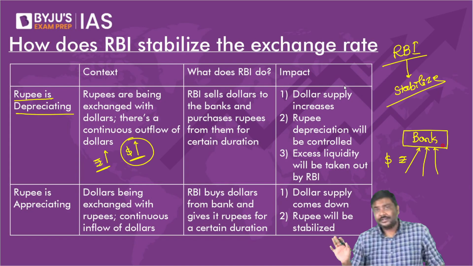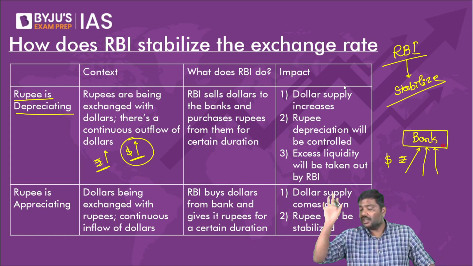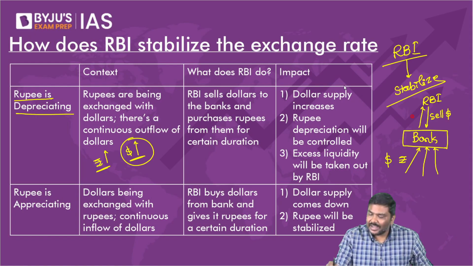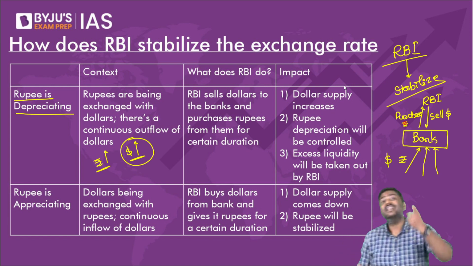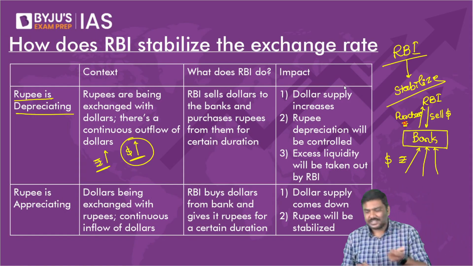Now, RBI doesn't like it. RBI says the rupee should not depreciate so quickly. So what does RBI do? RBI will sell dollars and in return purchase rupees.